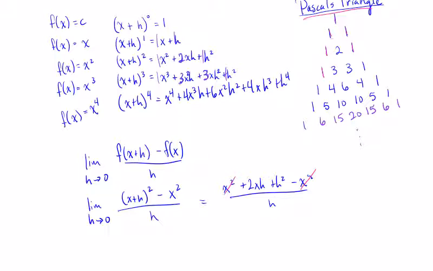Like we can factor out an h, or we can cancel out one h from each of these terms. Okay. And then we end up with the limit plugging 0 in for h, right? And so this one ends up going away to 0. So all we have left is this term right here, right? And you may have noticed that pattern over and over again. So we end up with just 2x.